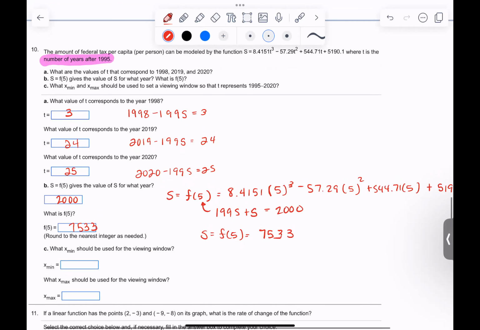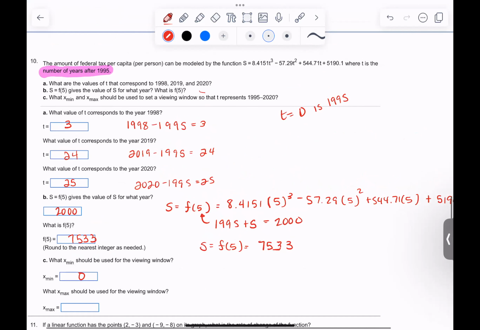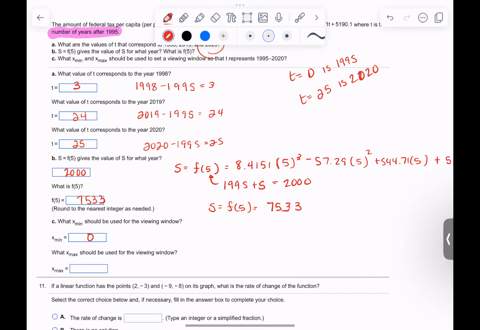So t equals 0 is 1995. So I probably want to start at 0. And then what's my last value? 2020. So I probably want to end at 2020, which would be t equals 25. So my viewing window in the X direction, I probably want to go from 0 to 25.